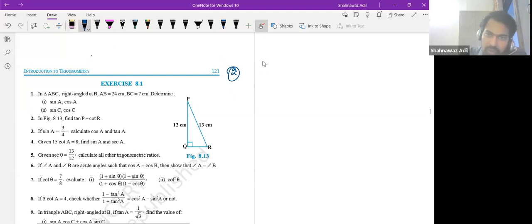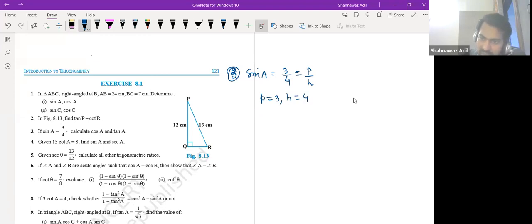Okay, so in the third question, they are saying that sine A is 3 by 4. And we know that sine theta is P by H, right? So we have P which is 3, we have H which is 4. So we have a triangle.